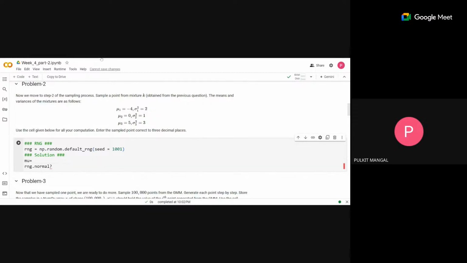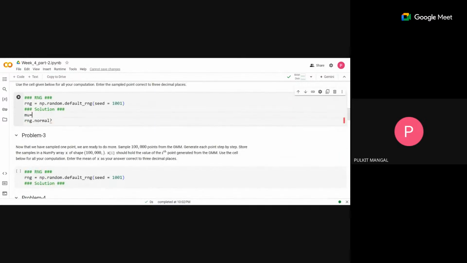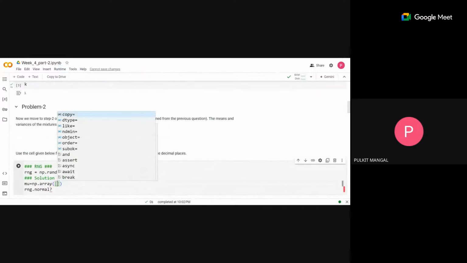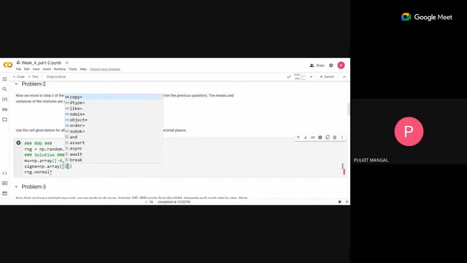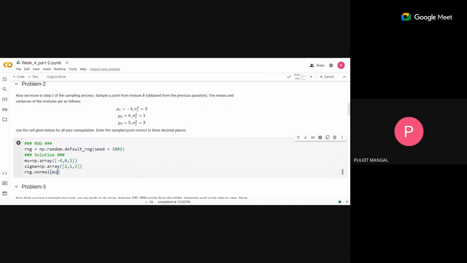Mu is -4, 0, 5. This is your entire mu array. The sigma array is 2, 1, 3, and now you can do it.